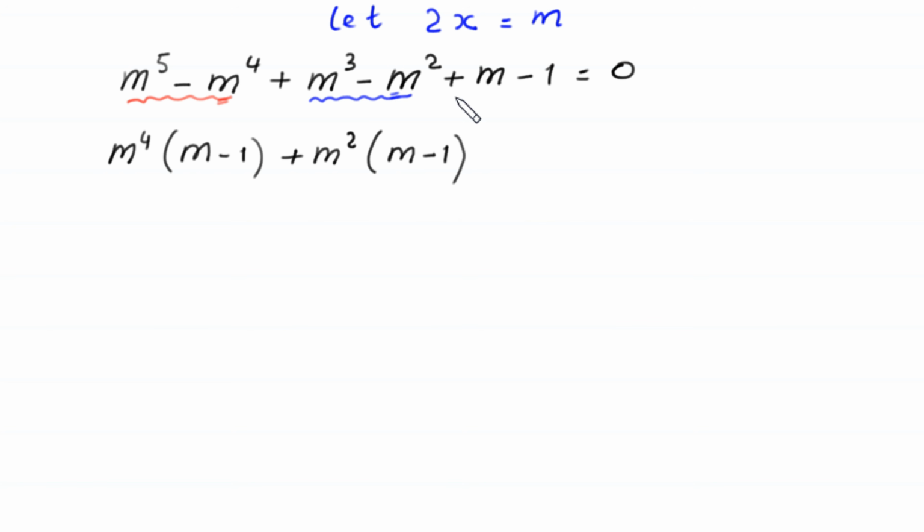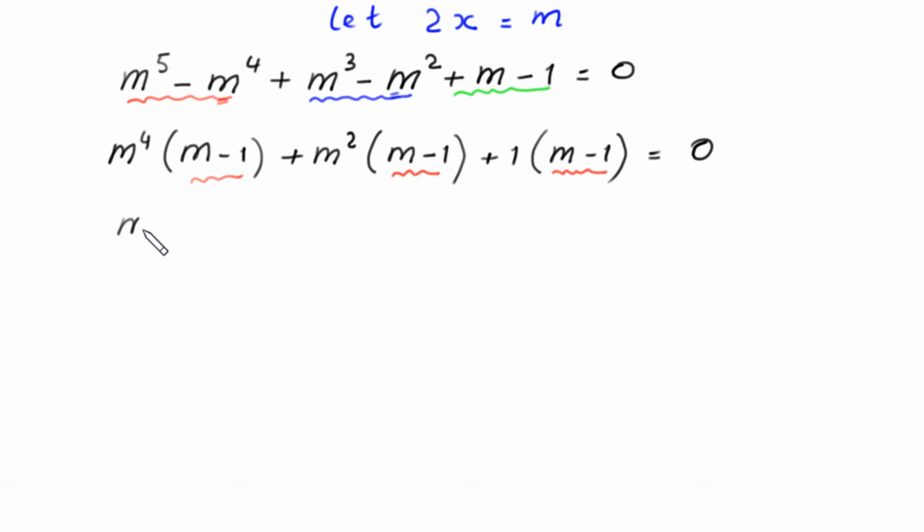And from these two terms, m minus 1, we can factor out plus 1, in bracket m minus 1, is equal to 0. Now as you can see, this expression m minus 1 is a common factor.